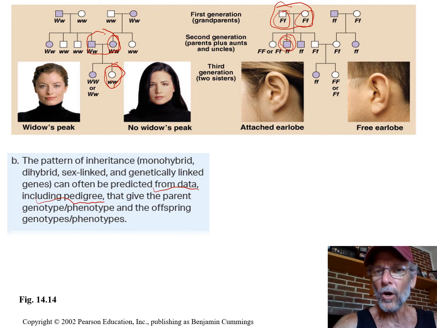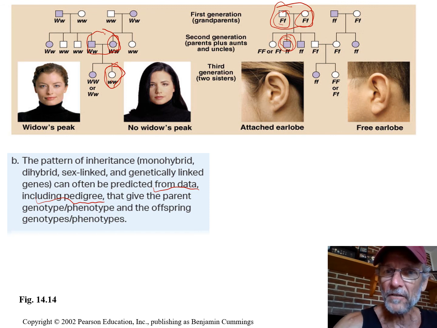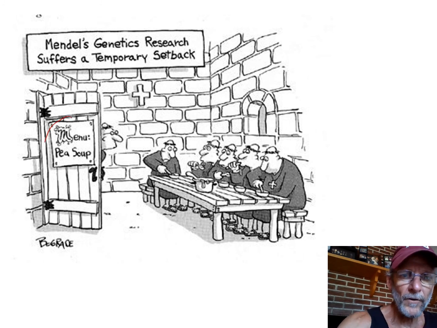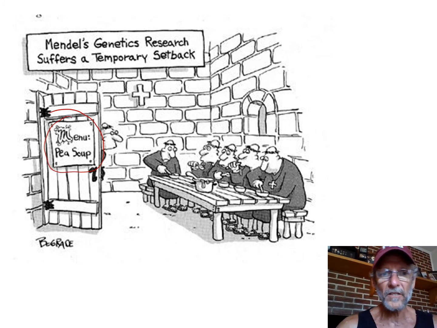And therefore, any kid they had would have the possibility of getting a recessive gene, even though neither one of them shows it. And so there you go with pedigree stuff. So you've got to focus in on that to make this make any sense, and then it makes all the sense in the world.